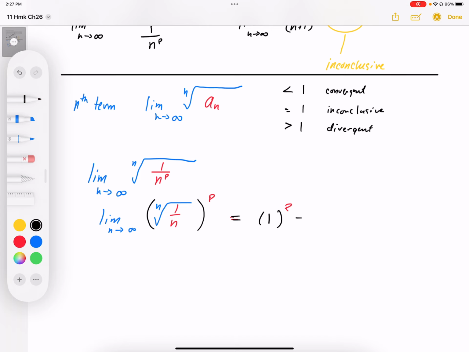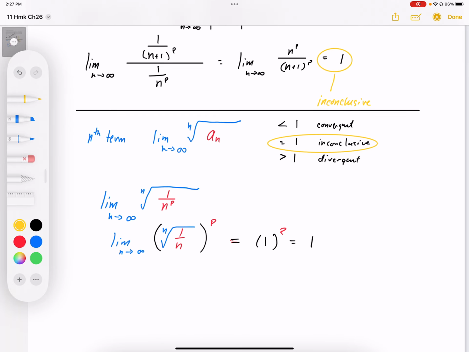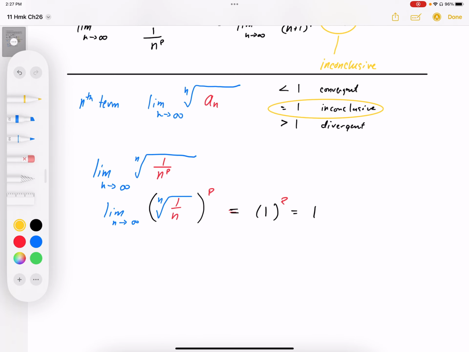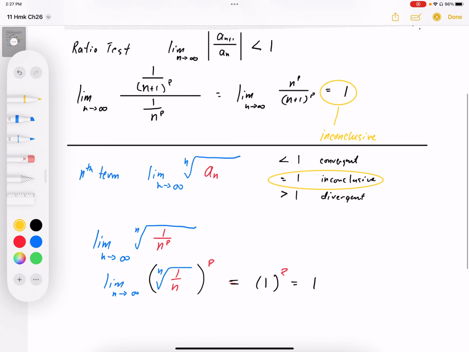Well, that's equal to 1. Okay, if it's equal to 1, this test is inconclusive. So we have an inconclusive situation in both cases. So neither the ratio test nor the nth root test seems to be able to determine whether this is convergent or divergent.